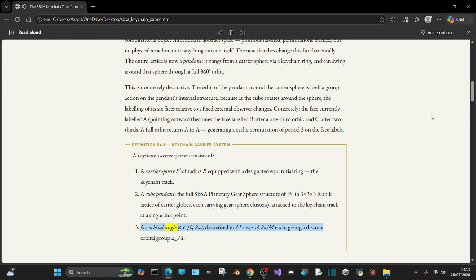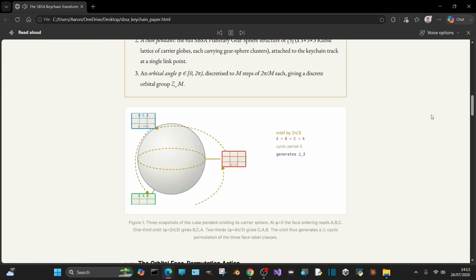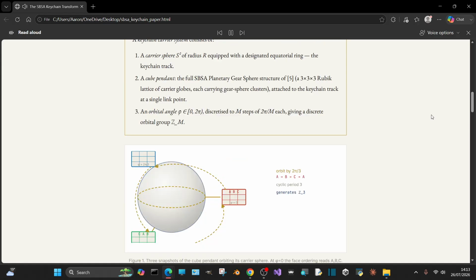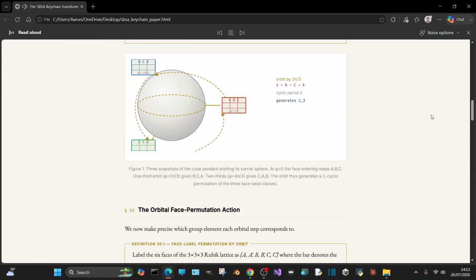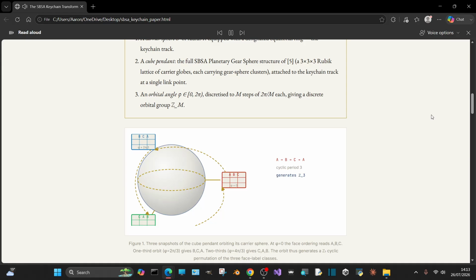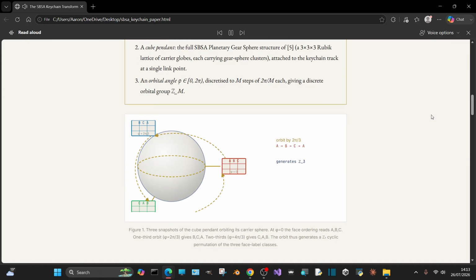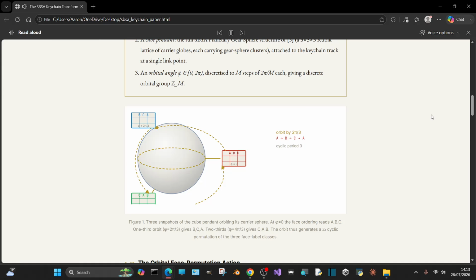An orbital angle phi in [0, 2π), discretized to m steps of 2π/m each, gives a discrete orbital group Z_m. ABC at phi equals 0, BCA at phi equals 2π/3, CAB at phi equals 4π/3, and orbit by 2π/3 returns ABC, a cyclic period 3 that generates Z_3.